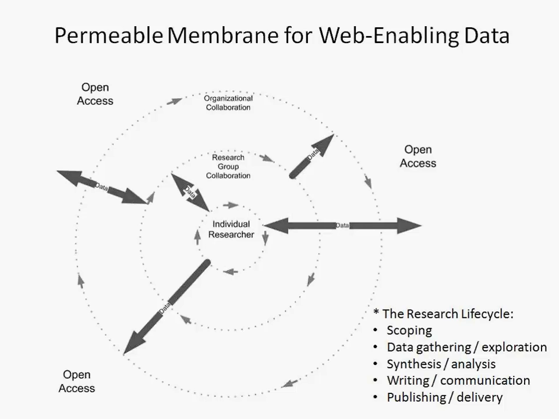This is a schematic to attempt to convey this idea, and a vision, a goal of WorldMap, which is to improve the overall availability of GIS data by acknowledging that researchers need to have several levels of access control over their materials. In the beginning, they might not share it with anybody.